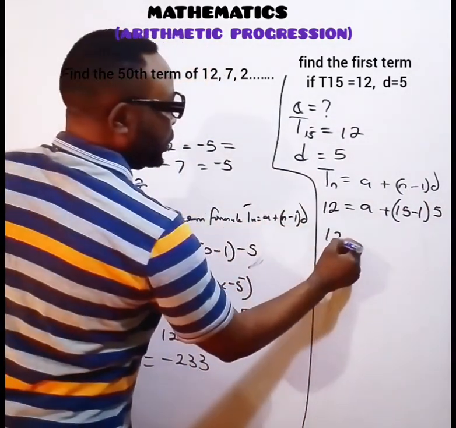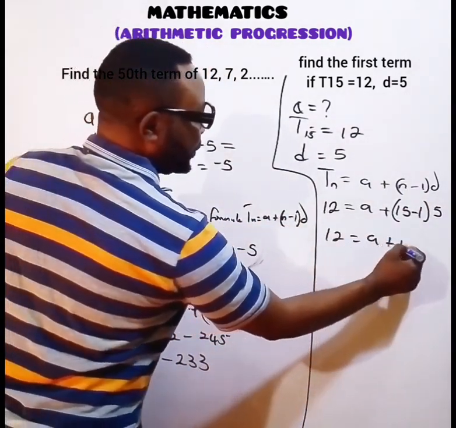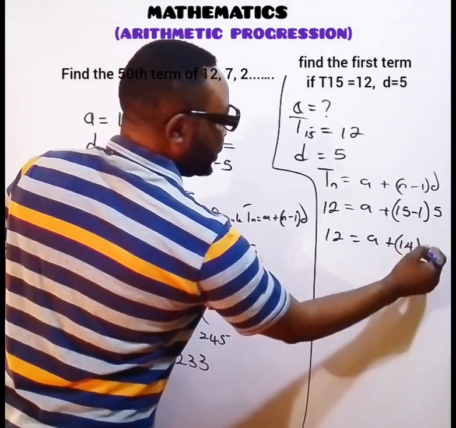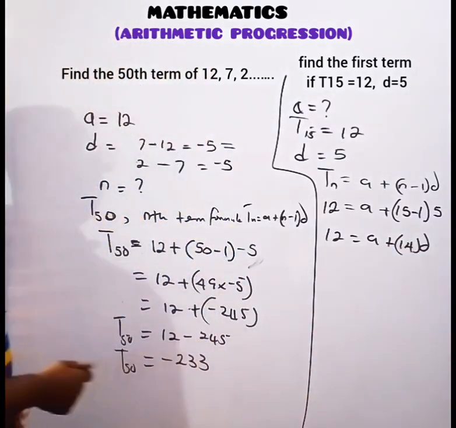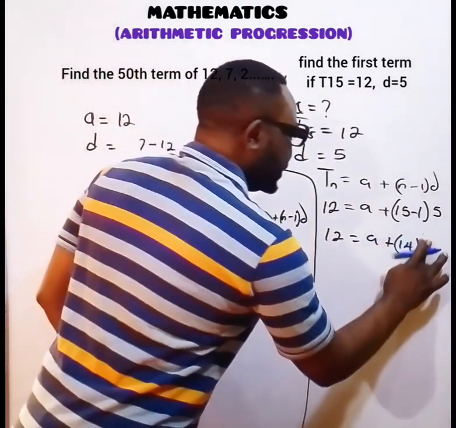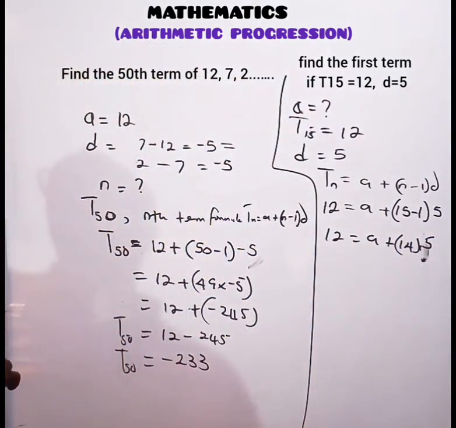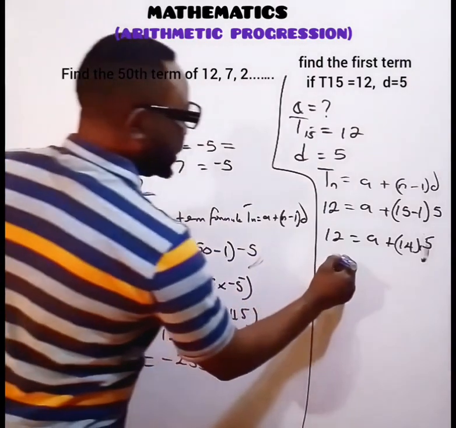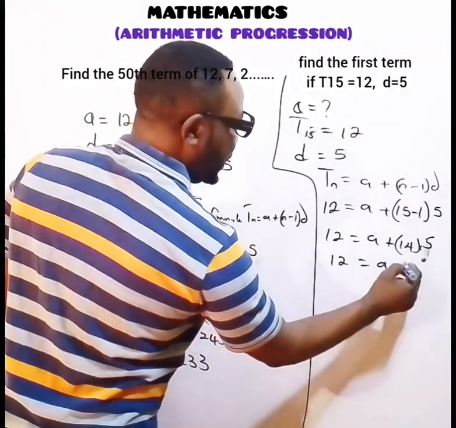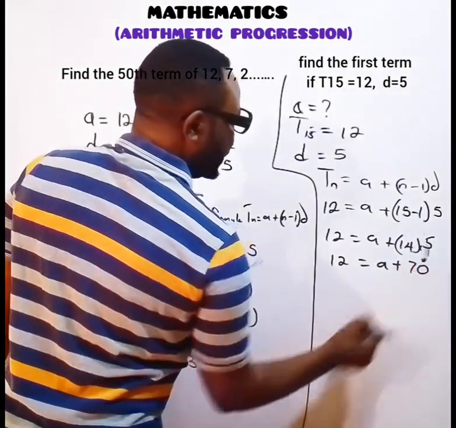We are having 12 is equal to a plus 14 times 5. 14 times 5 will give us 70. So 12 is equal to a plus 70.